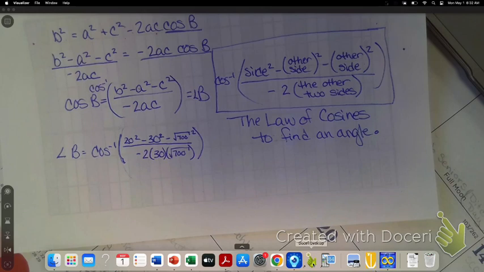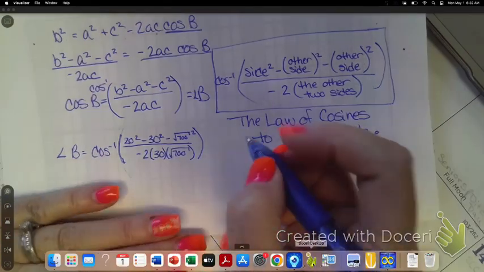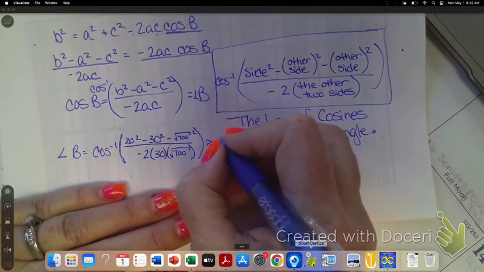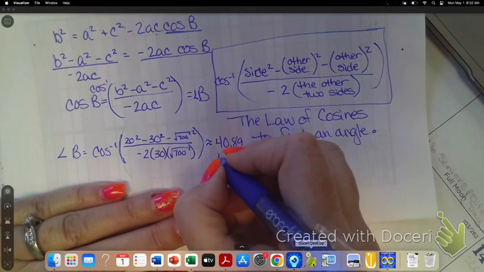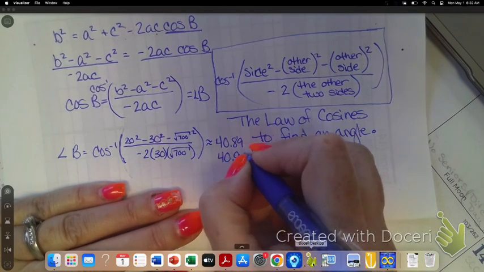Make sure you put parentheses around your numerator so it does it first, and denominator. I get approximately 40.9 degrees.